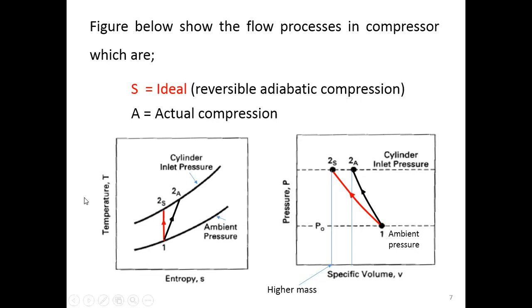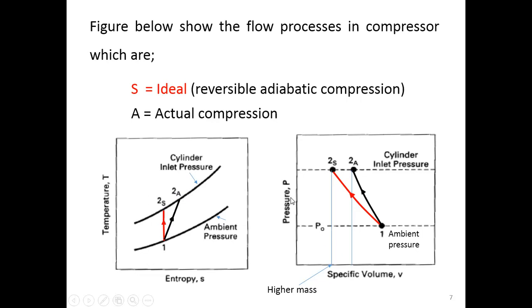So the actual process that happens in the supercharger will always go in the direction of increasing entropy. That's why the actual process is always on the left hand side here, from 1 to 2A, the actual one. For 1 to 2S, this is the ideal one.